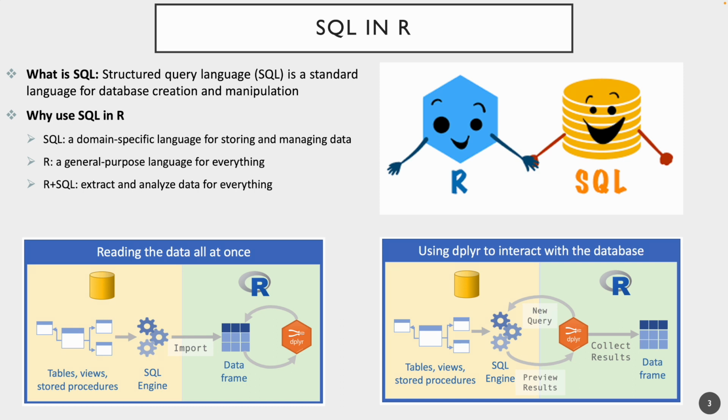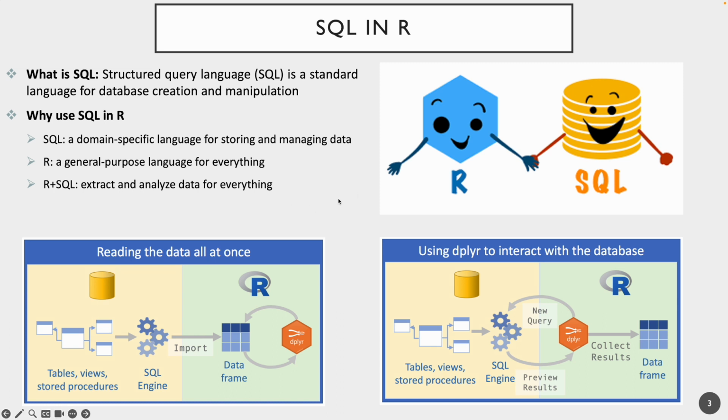However, R is a general-purpose language. You can build machine learning models, you can do data manipulation, you can basically do everything there. However, if we combine R with SQL, that means we can extract and analyze data for everything. So that is why we want to use SQL in R.